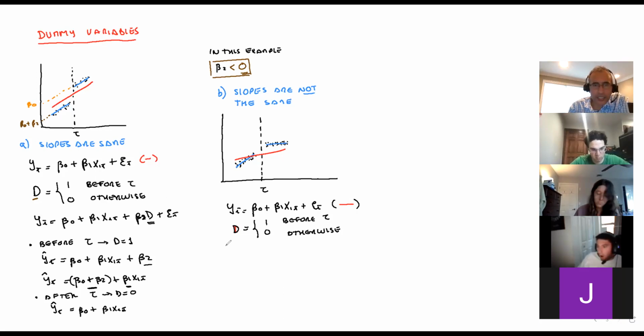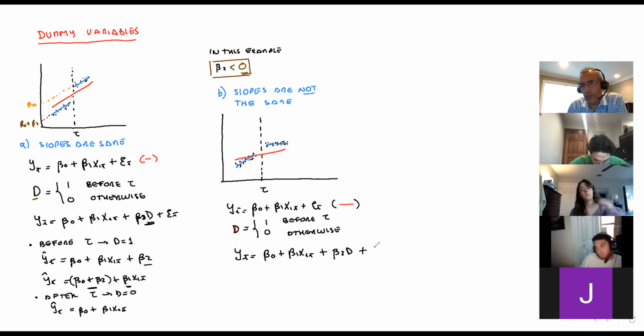My model is now going to have the following form: beta 0 plus beta 1 x1t. Remember, my intercept is different, so I will create beta 2 d. This is for controlling for different intercepts.